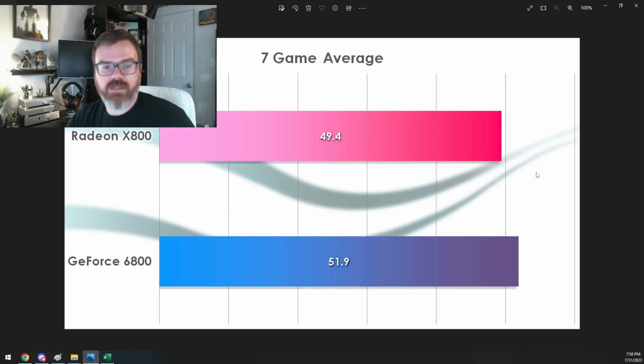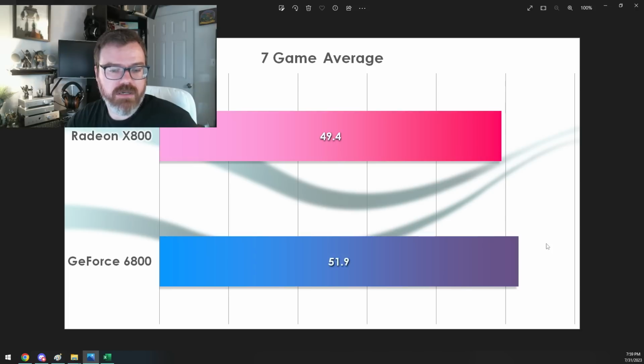Behind the scenes working on this channel, I'm always running into situations like this where if I want to test certain aspects, I have to choose wisely what tests I run and which cards I choose. I do wish I had a 256 meg Radeon X800 for this test, or I could have chosen the AGP version of the 6800, which also has 128 megs and actually has the same ROP count as we discussed earlier, but I did not test that for this video.